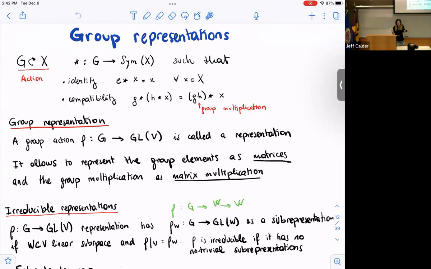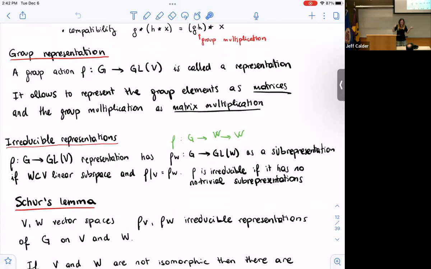So you can think of a group representation as a way to see your group multiplication as matrix multiplication. A representation is an action from your group into the linear transformations of a vector space, and you say that something is a subrepresentation if it takes a subspace and sends it to the same subspace.